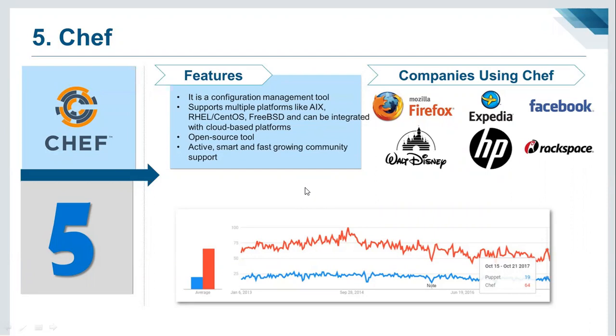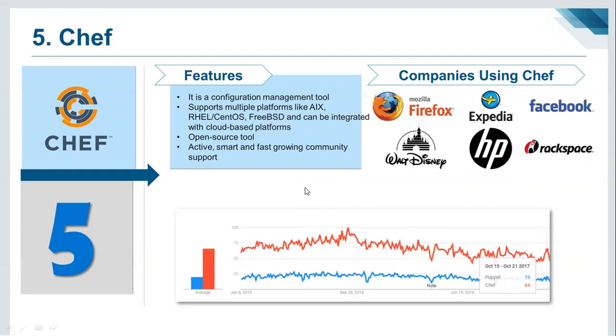So that is the other advantage it has compared with Puppet, because when Puppet came into the market, cloud was not there. That was one disadvantage, because they did not immediately pick up the pulse of the market, what Chef could do, and that is the reason they lost the race in the market, Puppet.